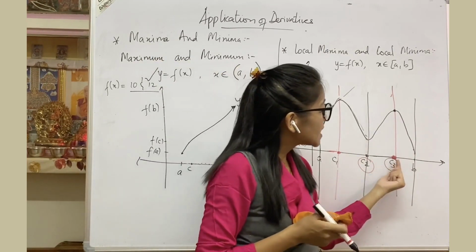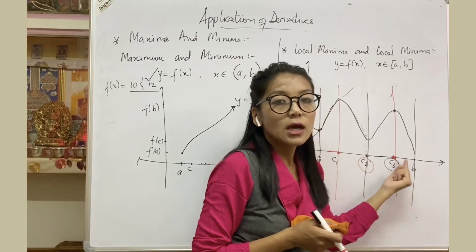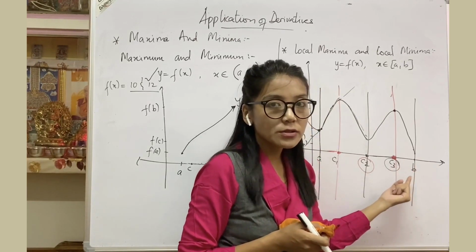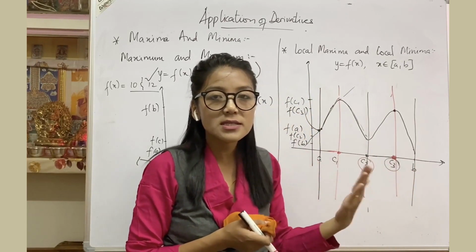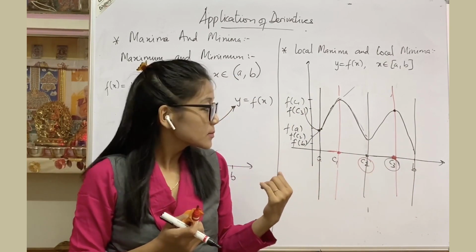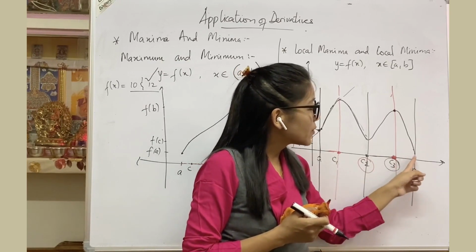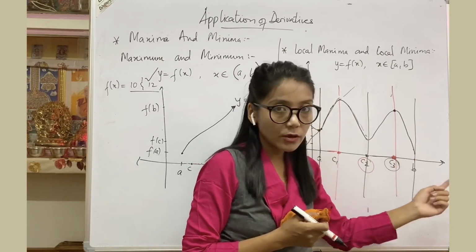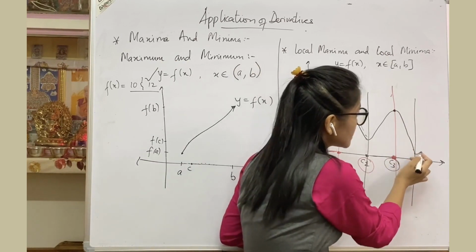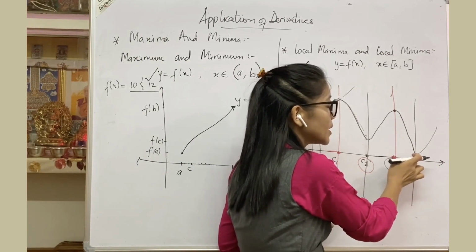Then if we take the interval C3 to B, can you say that B is the local minimum value of the function? You just think over it. Can you say B is the local minimum value of the function? Yes or no? I will say no, because we don't know the nature of the function on the right hand side of B. It may go like this. If this happens, then f of B is the local minimum value of the function.